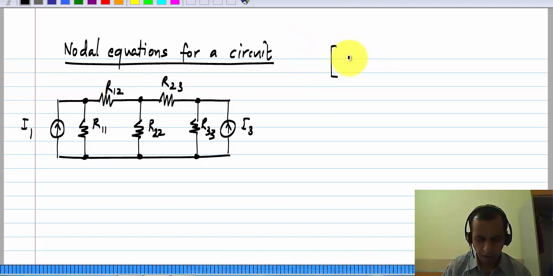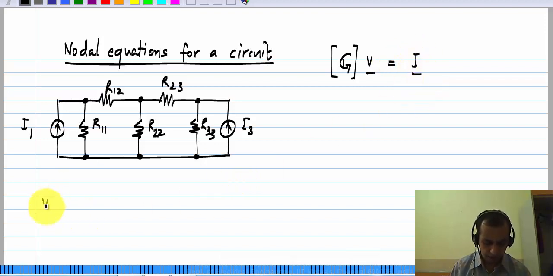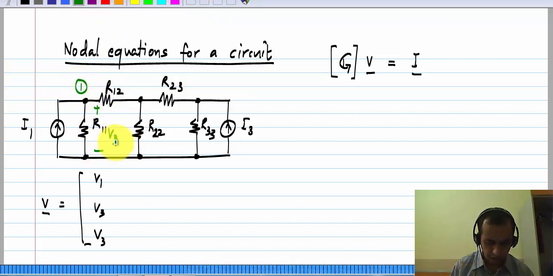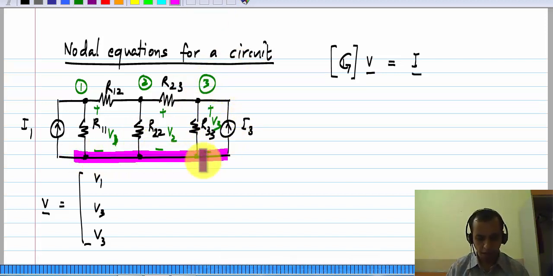Okay, and we know the nodal equations for this, which is G times the vector of voltages V equals the vector of sources I, and the vector of voltages V consists of 3 elements V1, V2, V3, where all these are voltages of node 1, node 2 and node 3 with respect to the reference node.